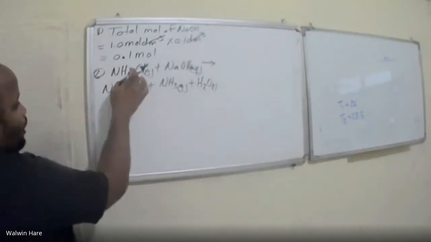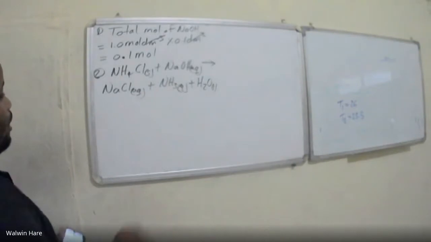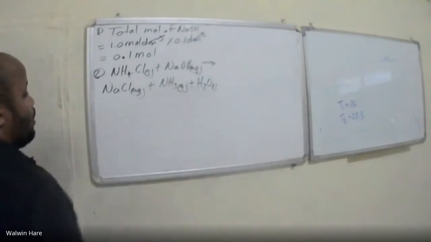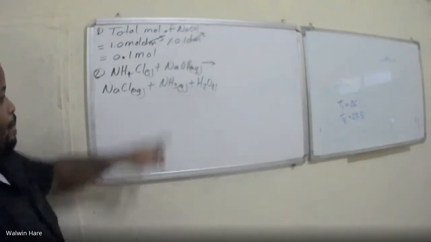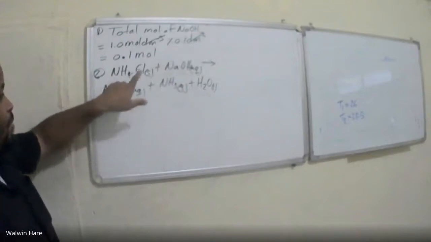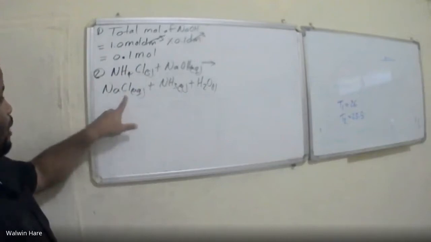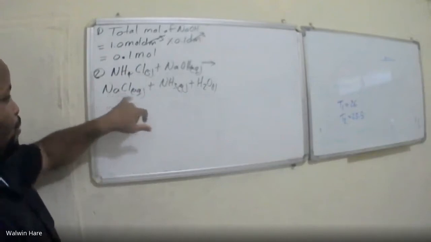So ammonium salts and the base, you will get salt, ammonia gas, and water. The salt is the positive ion of the base and the negative ion of the ammonium salt. That is where we get sodium chloride.